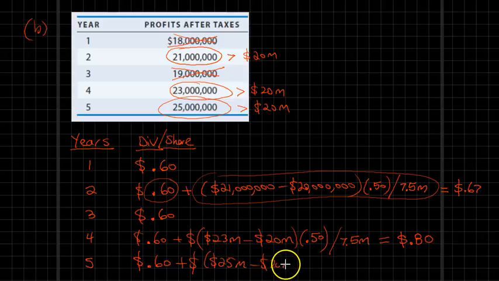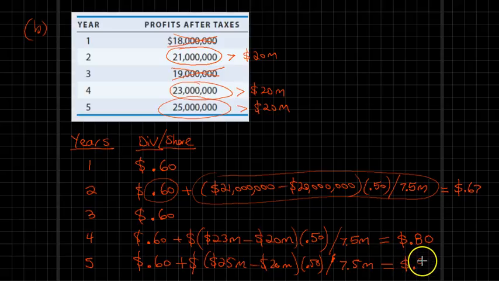Obviously 25 minus 20 million is 5 million, of which we are paying 50% in dividends, and then dividing everything by 7.5 million shares outstanding. So per share, if you do the necessary algebra, you will see that the total would be equal to 93 cents.